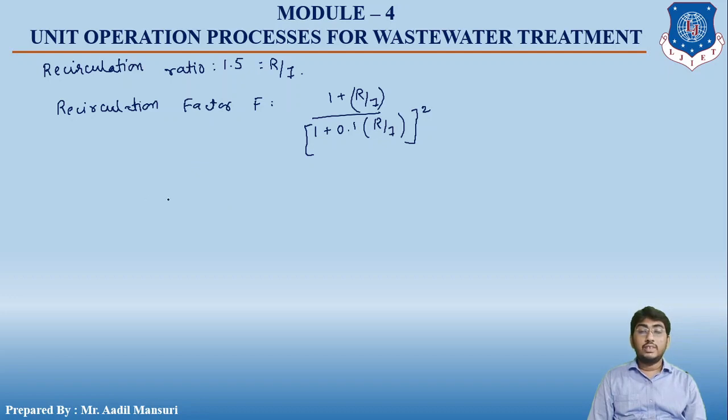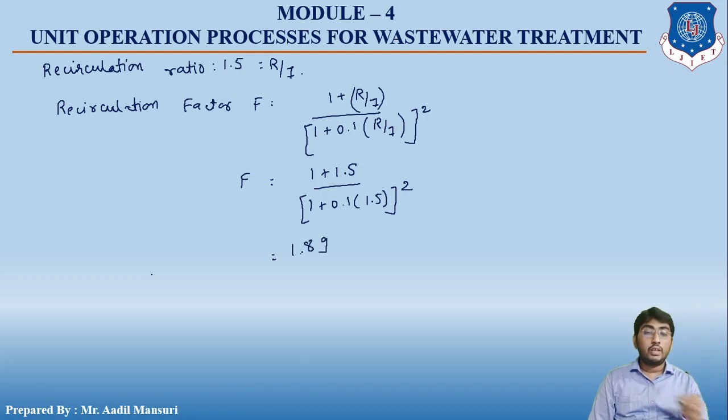Okay, so this is known as recirculation factor. Clear? So F will be equals to 1 plus 1.5 upon 1 plus 0.1 into 1.5, the whole square. Okay, so this will be equals to 1.89. Clear?